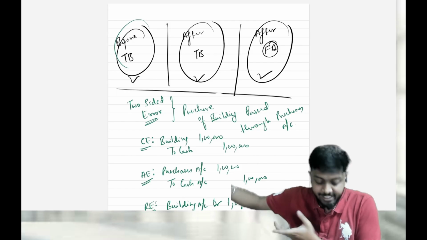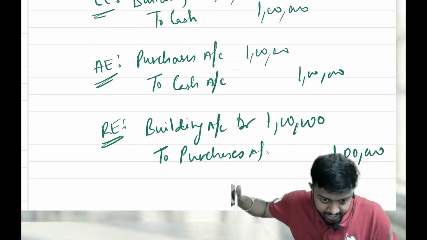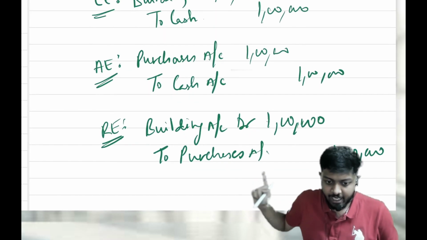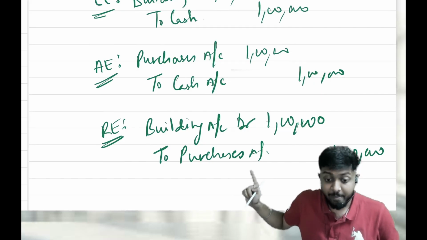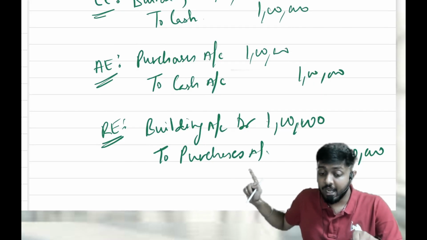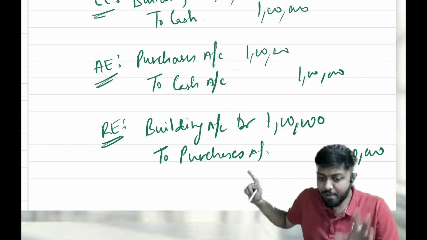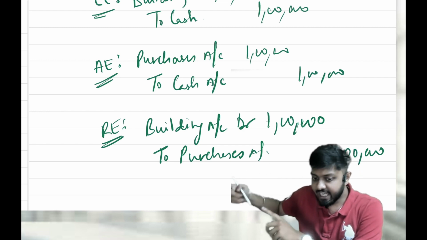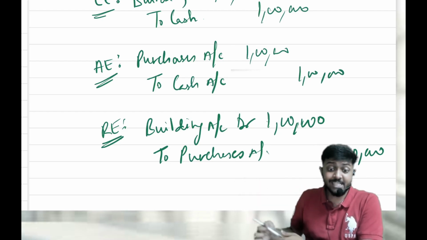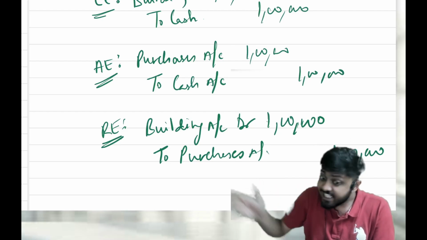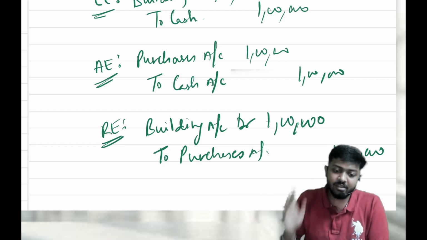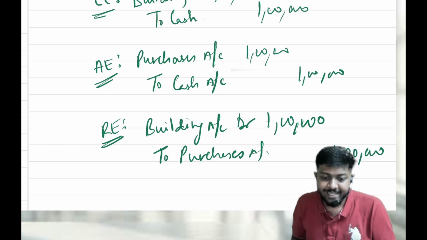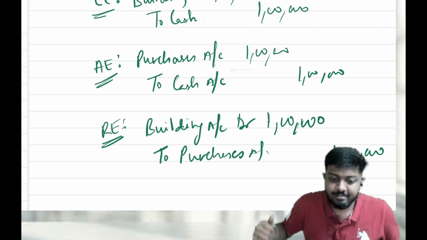For example, this is our rectification entry. Correct? See here, we have purchases account. Purchases is a nominal account. Say suppose this error I am finding out in the next year after the final accounts. In the next year's books, if I credit purchases, then next year's purchases will be hampered. Next year's profit will be hampered. No, no. Next year will consider it an error.